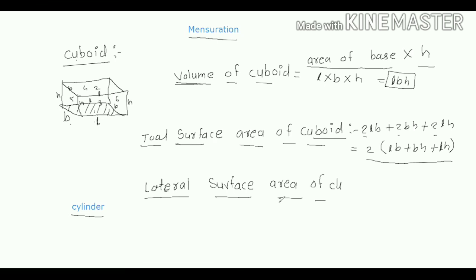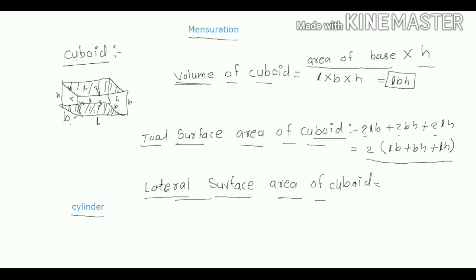And what about the lateral surface area of a cuboid? We remove the 2 surfaces from the base and the upper part, so only 4 surfaces remain.